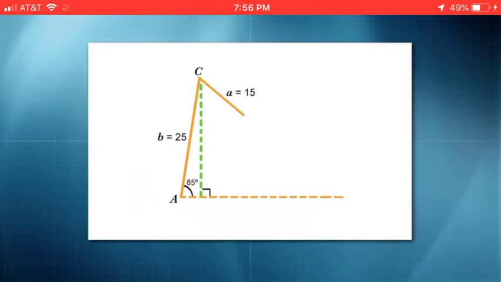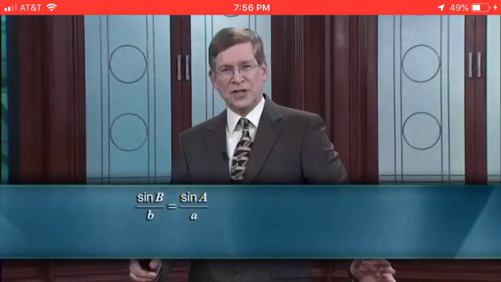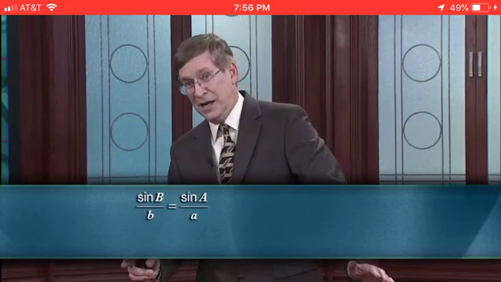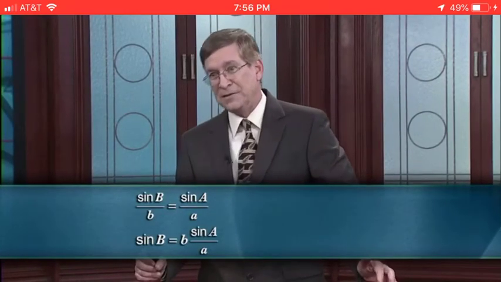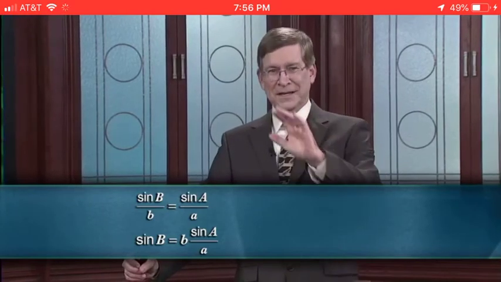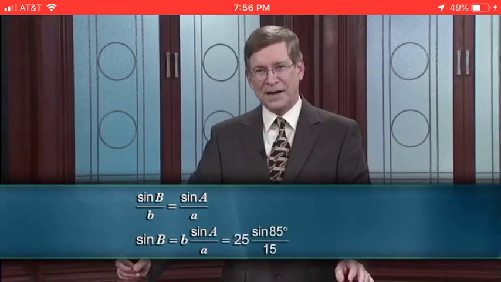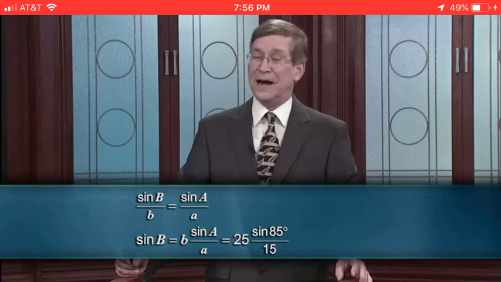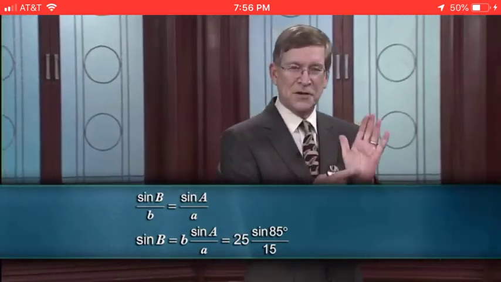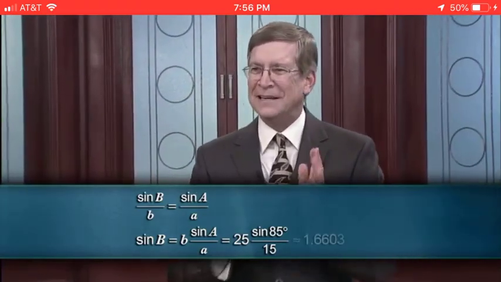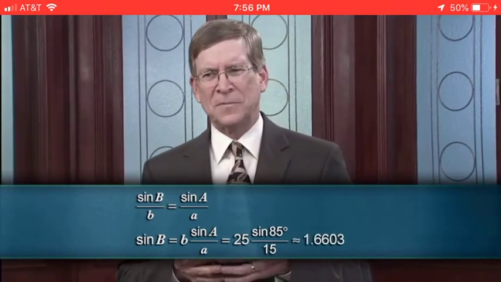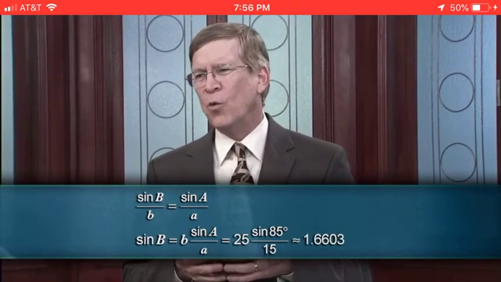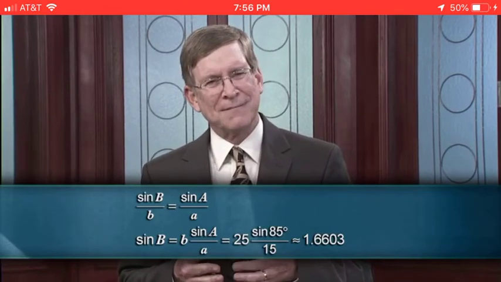Let's try to use the law of sines in this setup. Sine B over b equals sine A over a. So sine B is b sine A divided by a. Plug in. Here we go. 25 times sine 85 divided by 15. Punch it on my calculator. What do I get? 1.6603 approximately. The sine of B is about 1.66.